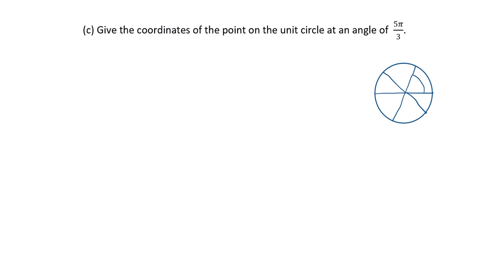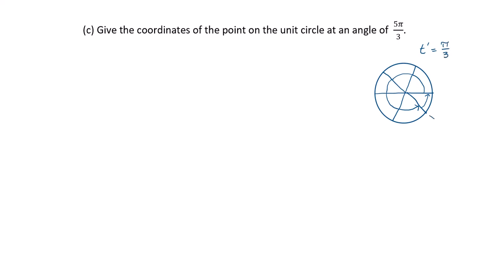So this is 1 pi over 3, 2 pi over 3, 3 pi over 3, 4 pi over 3, and 5 pi over 3. It would take just one more pi over 3 to get back to the x-axis. So that is my reference angle, pi over 3.